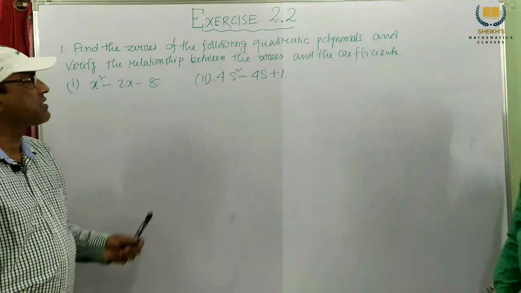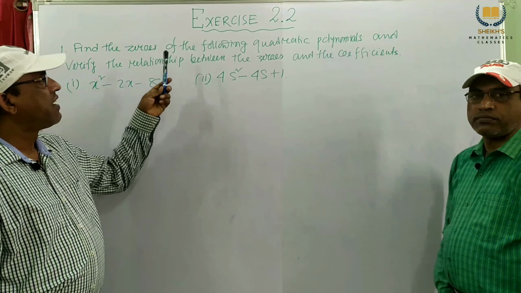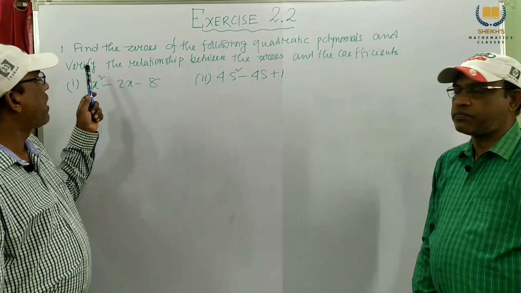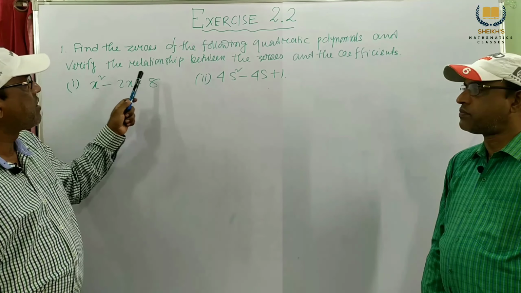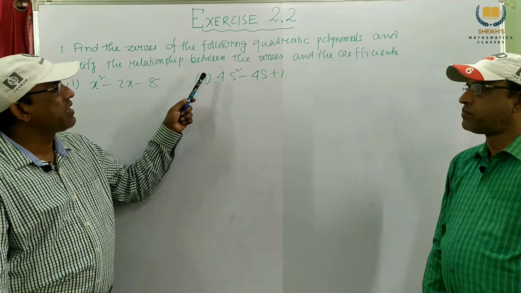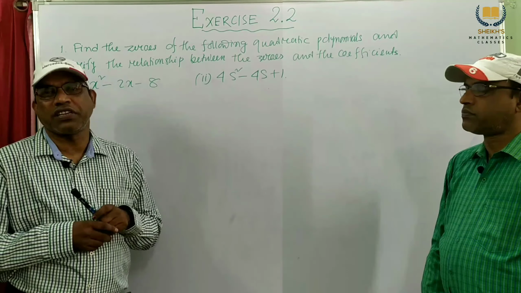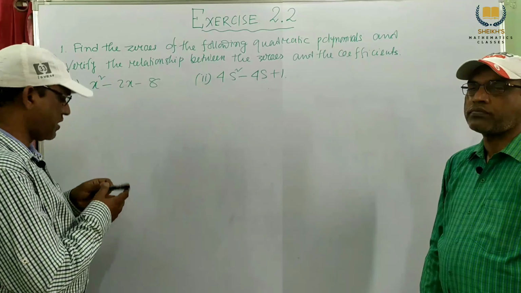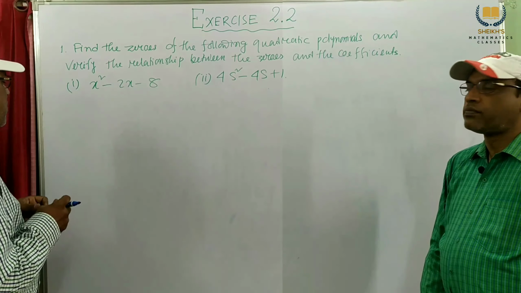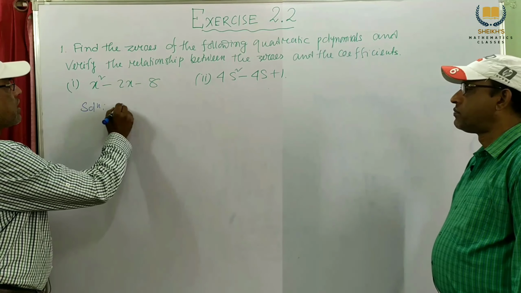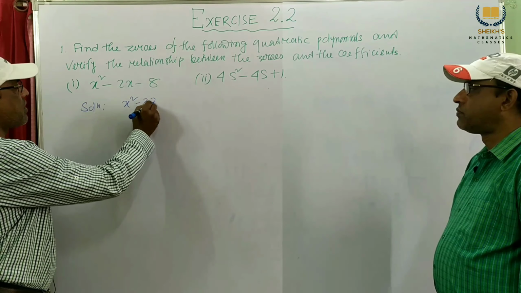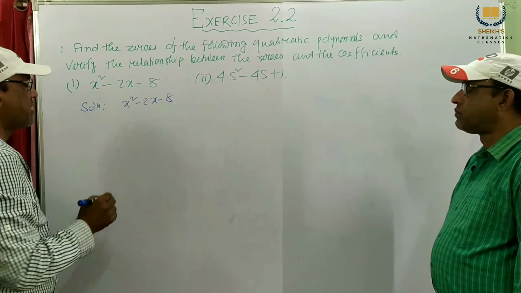Now we want to discuss Exercise 2.2. Find the zeros of the following quadratic polynomials and verify the relationships between zeros and coefficients. So the first one, let us solve this one. Solution: here given x² − 2x − 8.